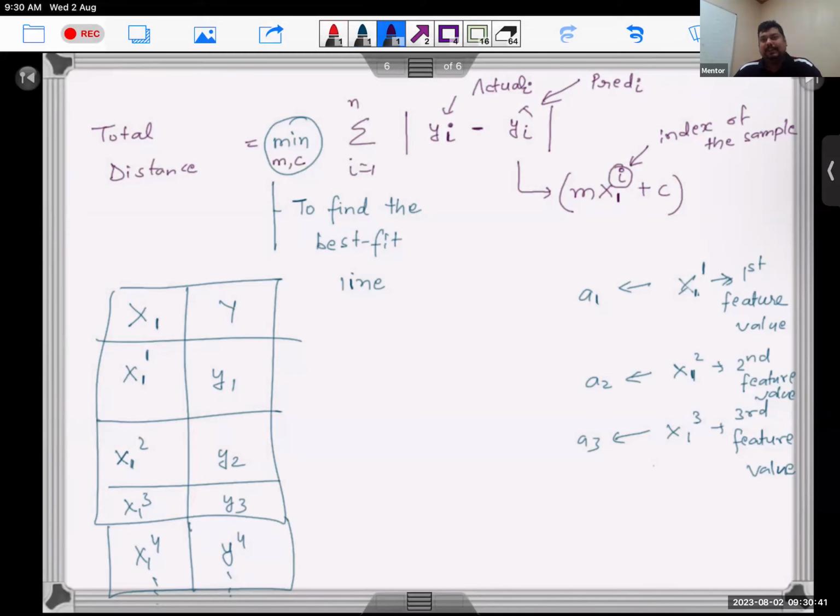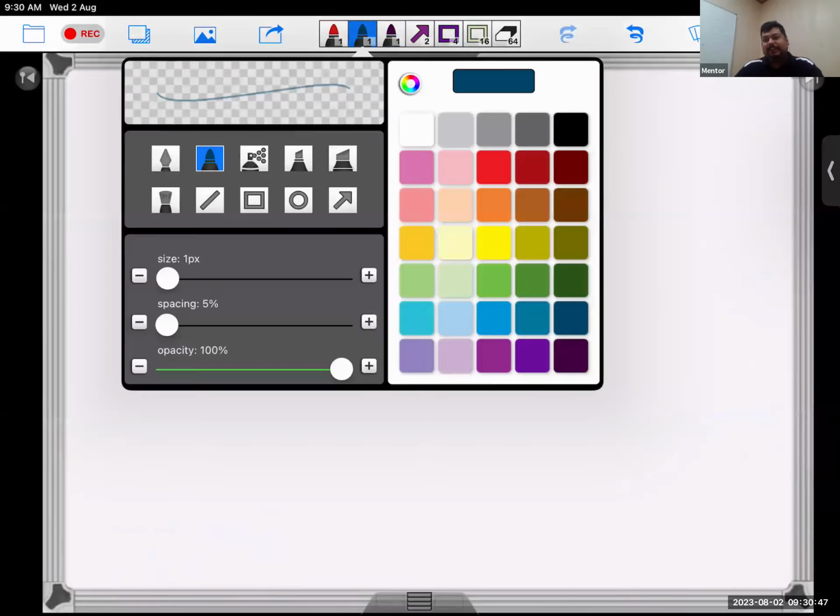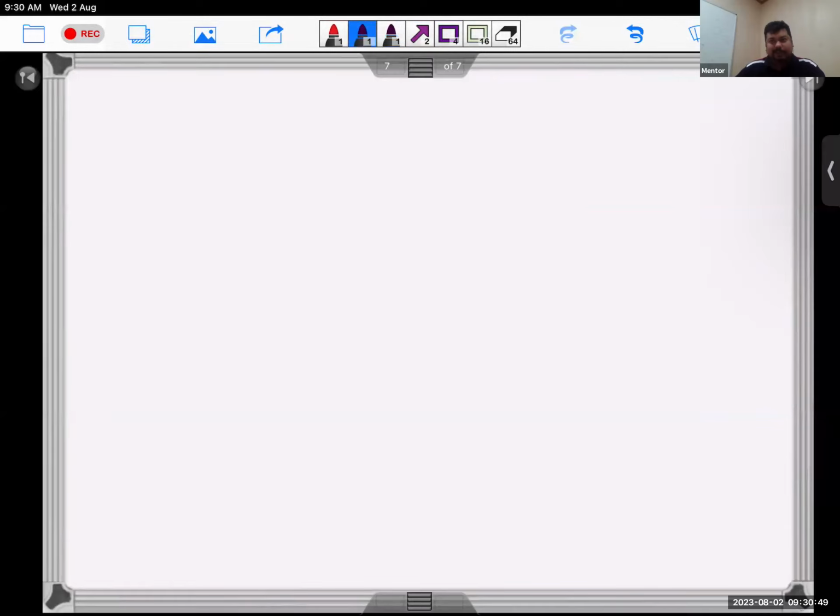Is this clear? Yes, sir. Okay. All right. Let's go back to your basic maths. I'm going to show you a function and let's try to minimize it. Let's say this is some function which I'm making, maybe 3x squared plus 6.